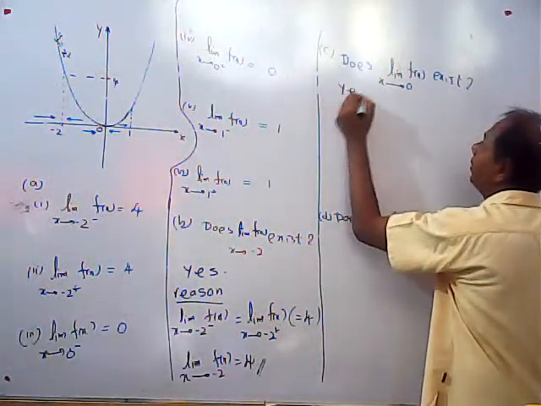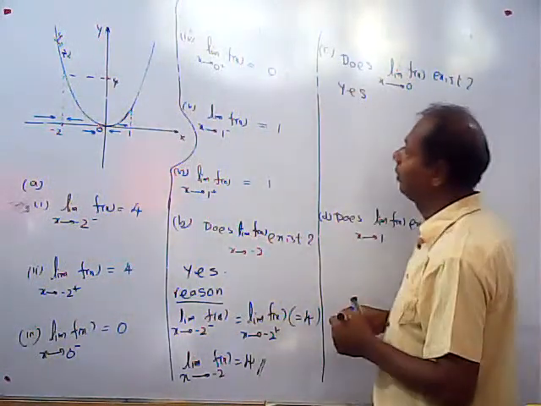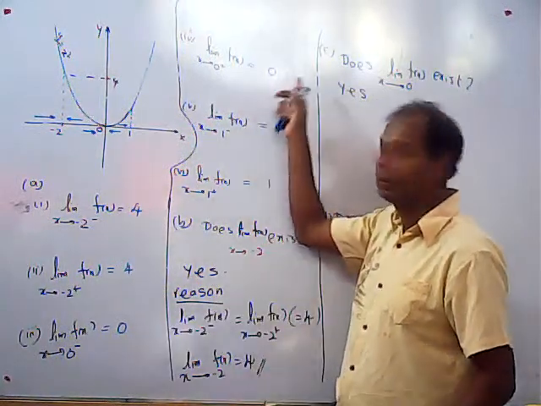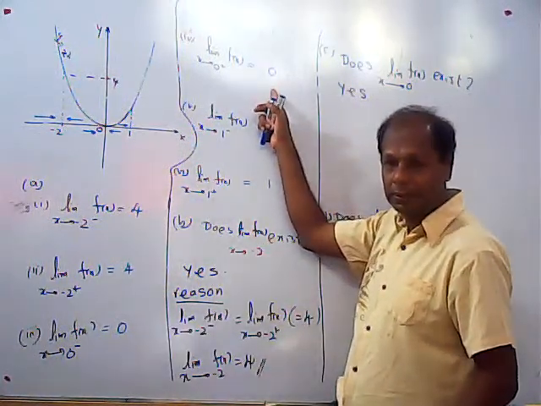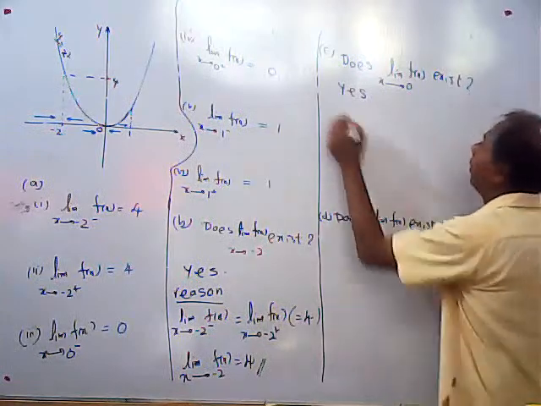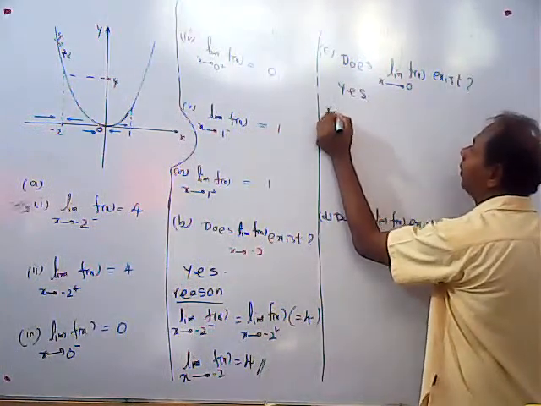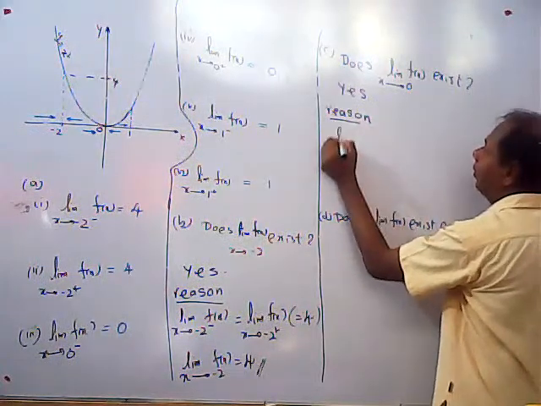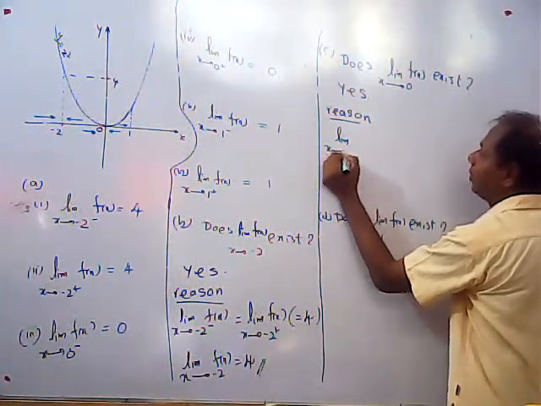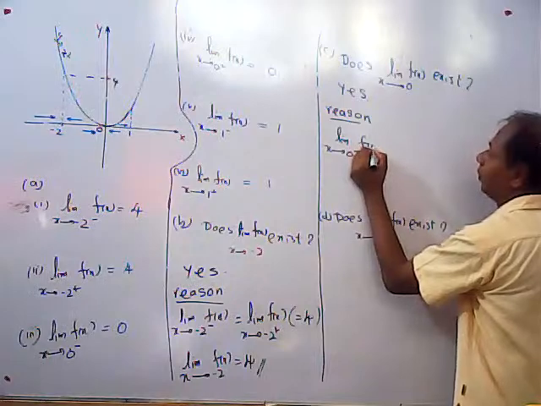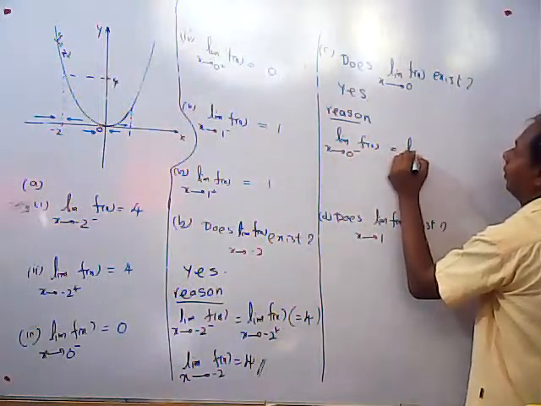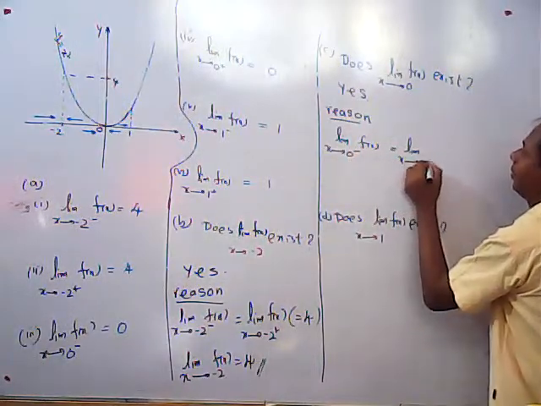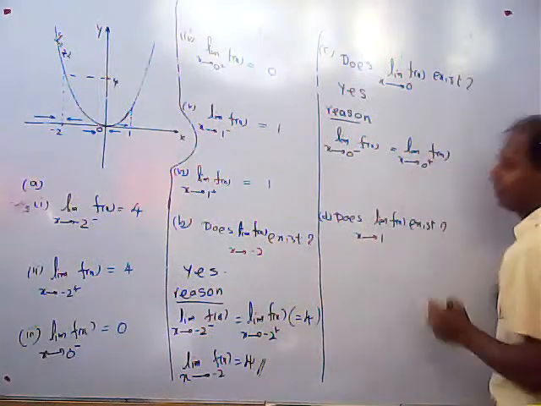The answer is yes. The reason is, again, the left limit equals the right limit. The left limit at 0 is equal to the right limit at 0. That is the reason.